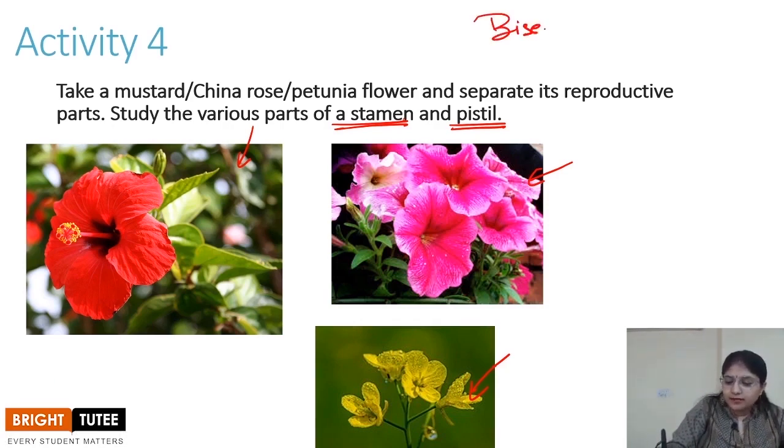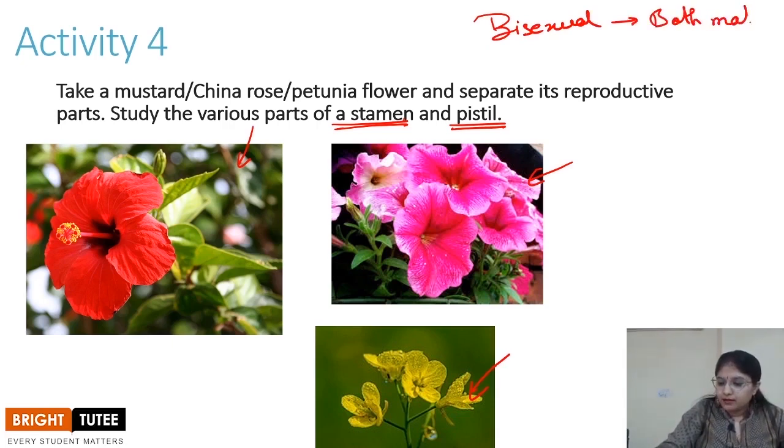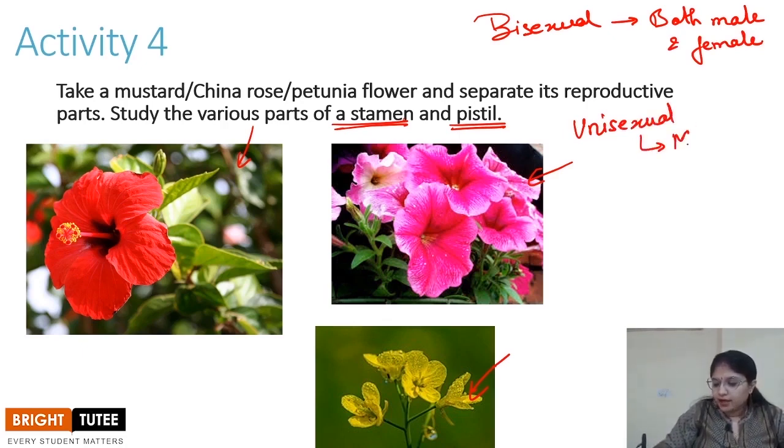First is the bisexual flowers, so they have both male and female parts. When we talk about unisexual flowers, they have either male or female, so only one type is present.